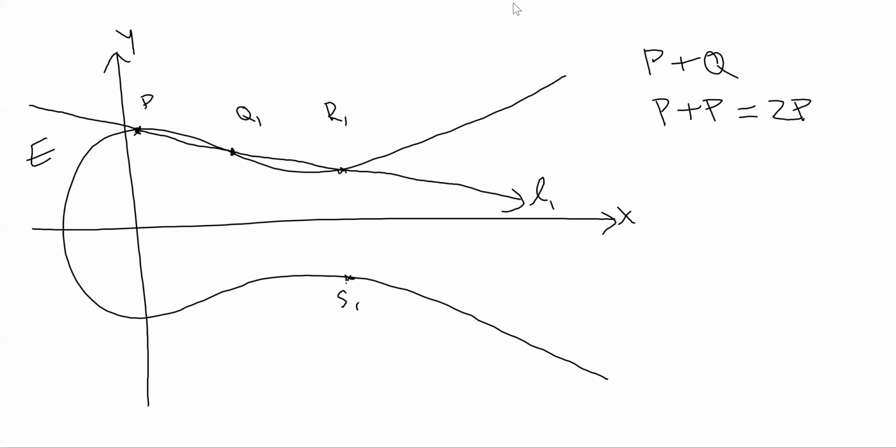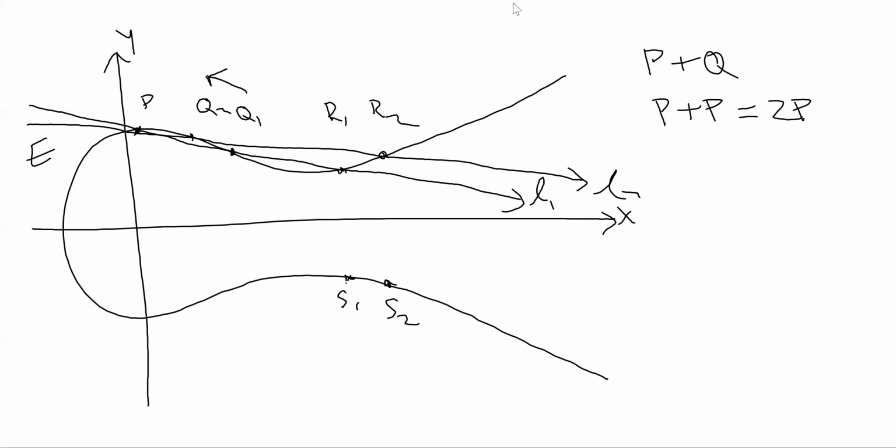Now we can think of this in a calculus-y way. Think of us taking Q and pushing it closer to P, and seeing how that affects our sum S. Maybe we'll have Q2 right here, and then that line will go something like this. So that's L2, this is R2, and this is S2.